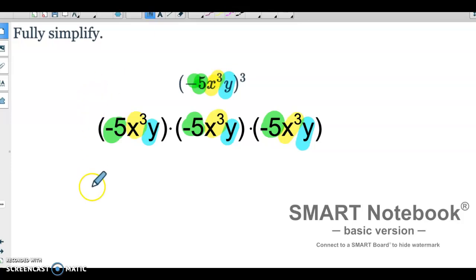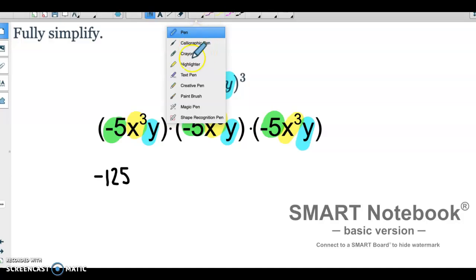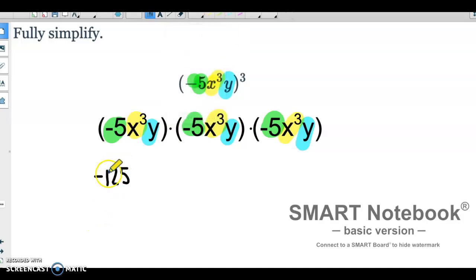And when you do that, you should get negative 125. So that's our new coefficient. Remember, a negative times a negative is a positive, so negative 5 times negative 5 would give us positive 25. Times negative 5 brings us back to a negative number, so negative 125. So that is our new coefficient, negative 125.